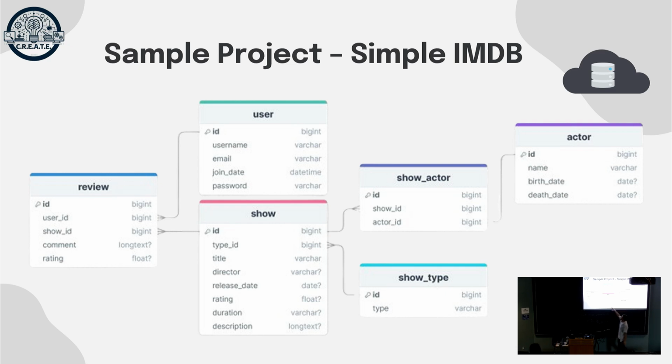We have the show, which is the movie one. We have review. We have user. As you can see, this one has a one-to-many relationship. Is this better? Yeah. And then that ID has another one-to-many relationship. This is the show of many.